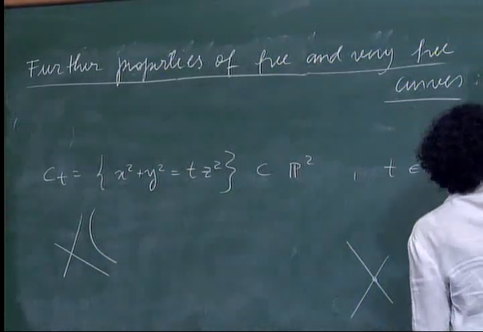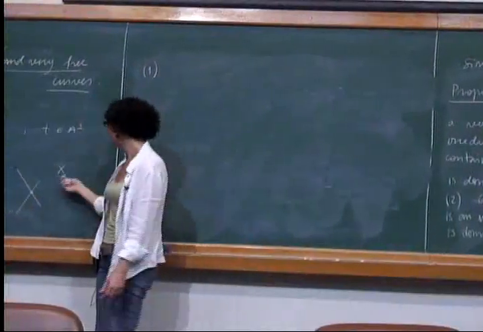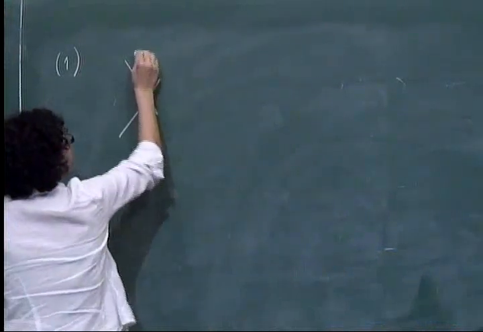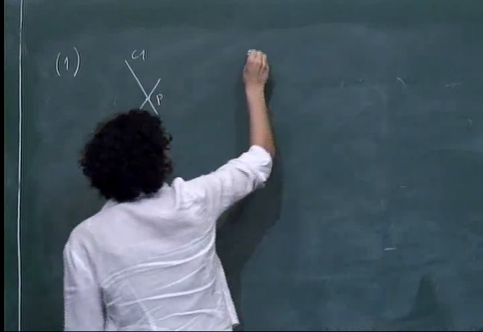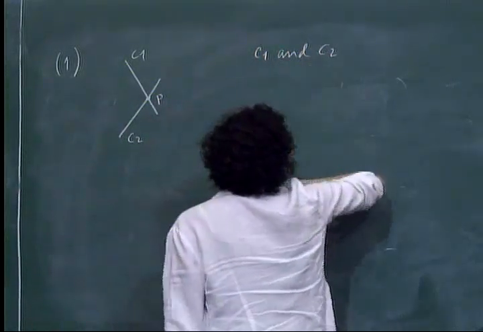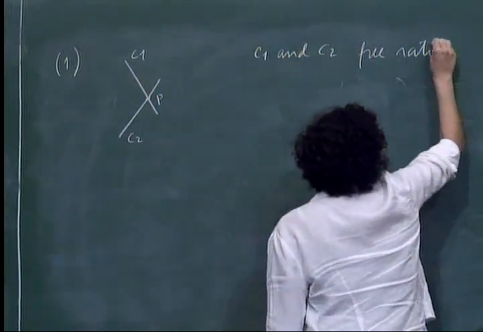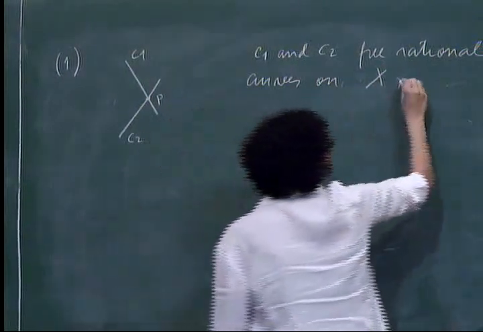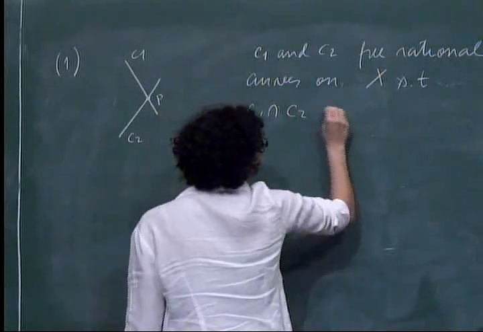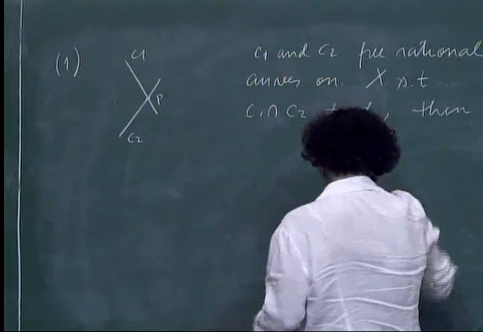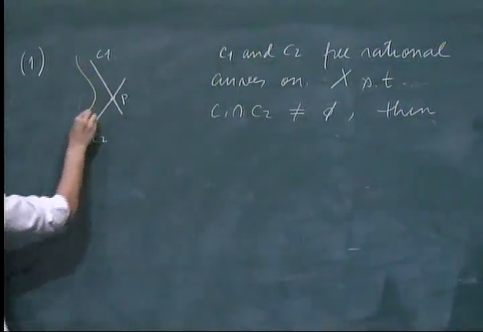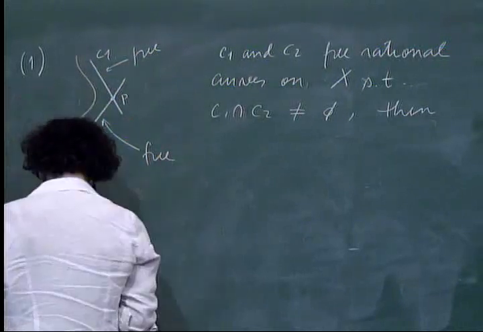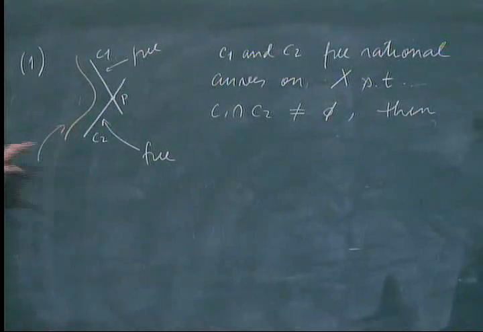However, the first property is: if these two curves are free, then it's possible to deform them into an irreducible and in fact free curve on X. So if you have C1 and C2 free curves on X that meet in some point, then we can find a smoothing of this curve into a free curve.